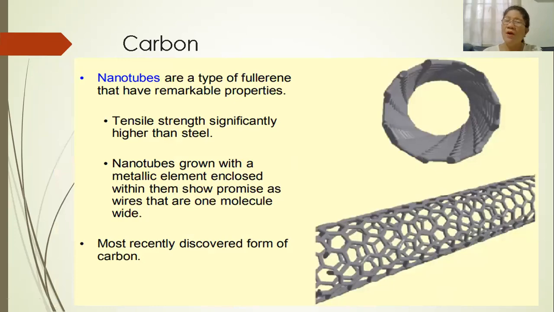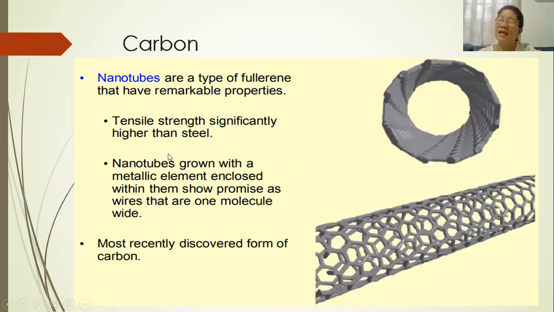Okay, so carbon in the form of fullerene is used in nanotubes. These are nanotubes, compared with plastic PVC tubes. A nanotube is much, much stronger because it has a high tensile strength, higher than steel. High tensile strength means it cannot easily be broken.